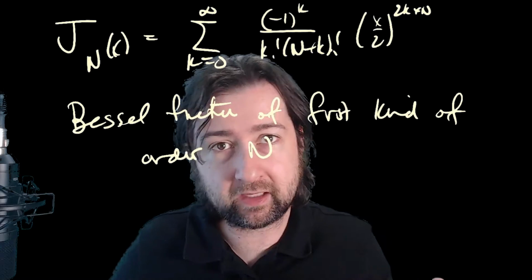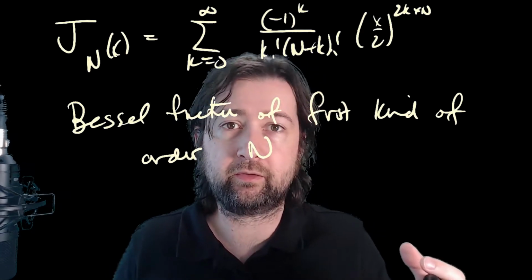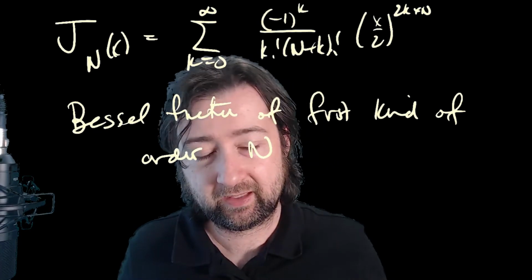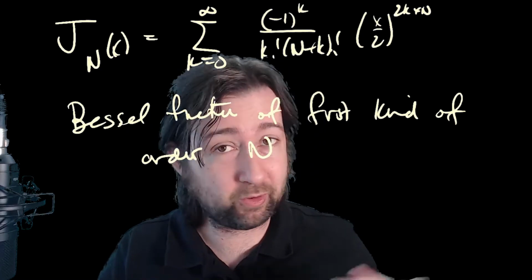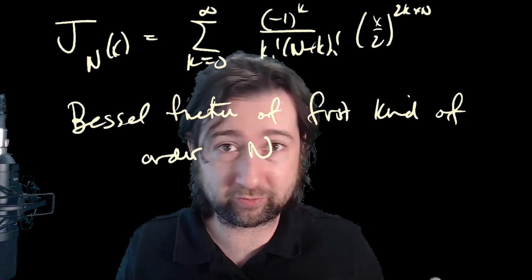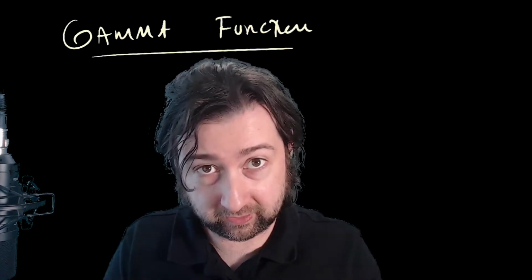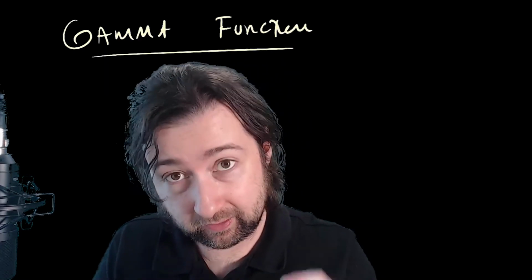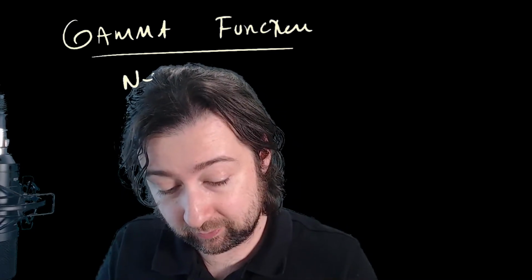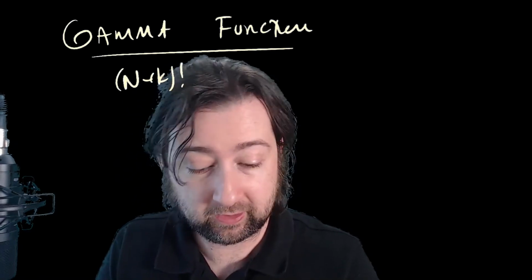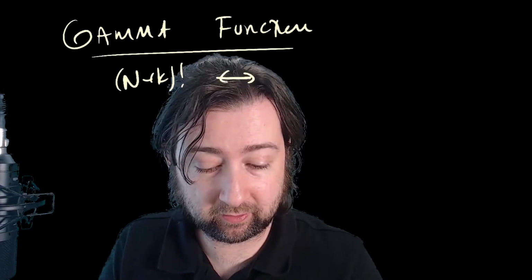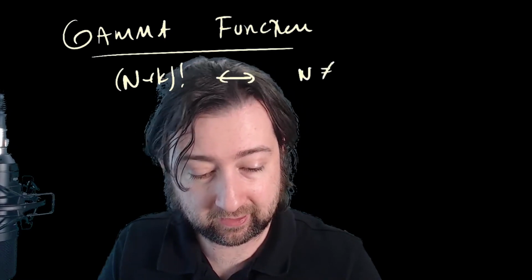So I'm going to have to extend what I'm doing in order to account for the non-integer case. And that means I have to introduce one of the most famous and most important special functions in all of math, which is called the gamma function. So the goal of this is I want to take an expression like (n + k) factorial, and I want to turn it into something where n is not an integer.